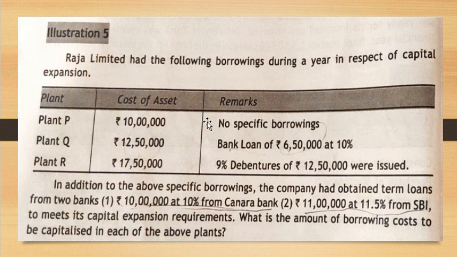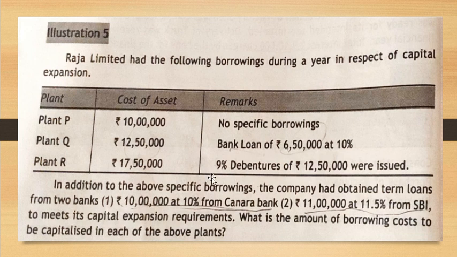For plant P, there are no specific borrowings. For buying plant Q, they have taken a bank loan of 6,50,000 at 10% interest. To buy plant R, which costs 17,50,000, they have issued 9% debentures.